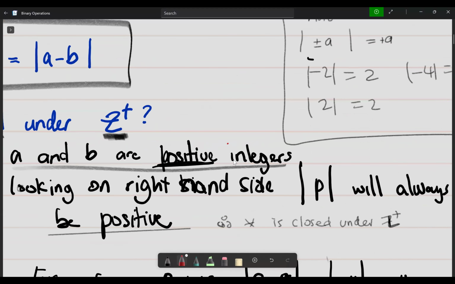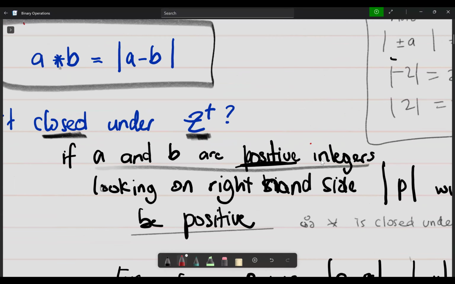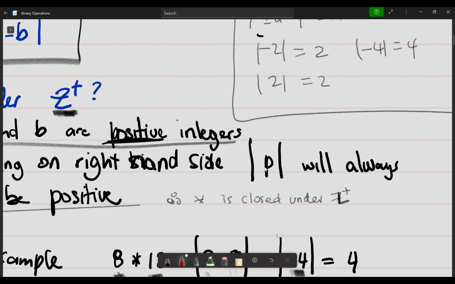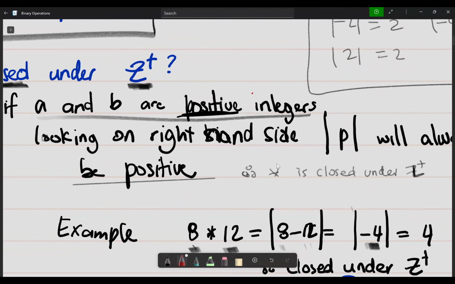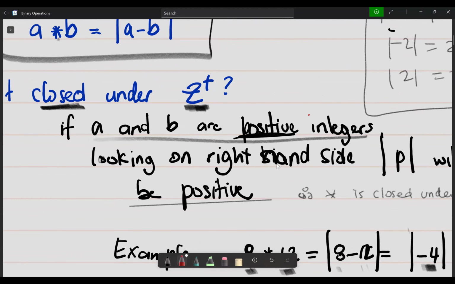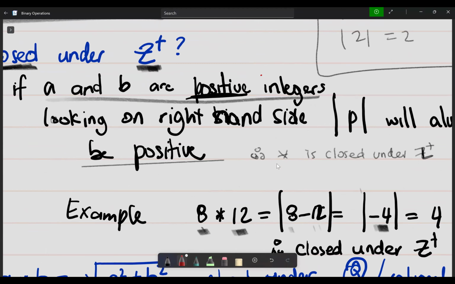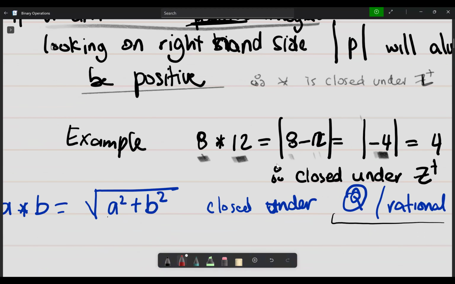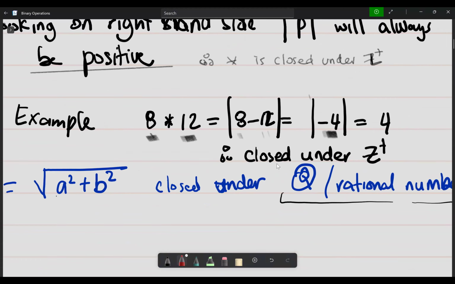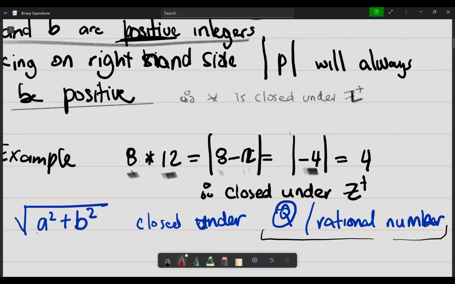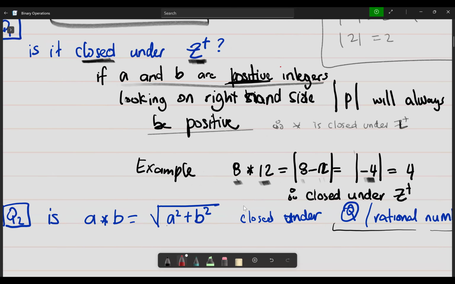We're going to say if a and b are positive integers, so looking on the right-hand side, the modulus of anything will always be positive. So star is closed under Z plus. And then you could give the example, which is 8 minus 12. 8 minus 12 is -4.